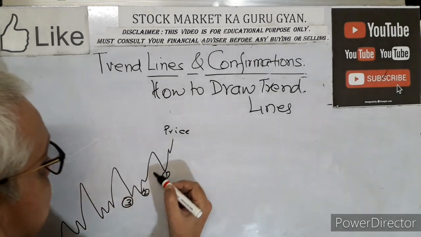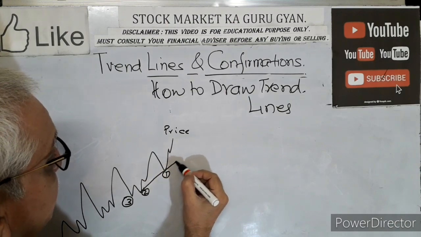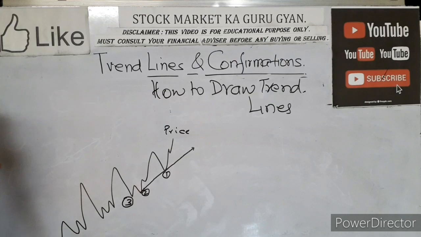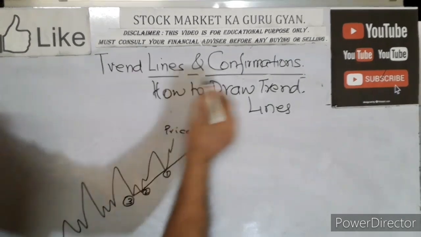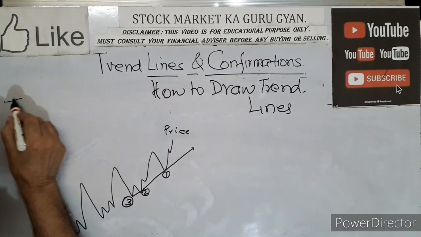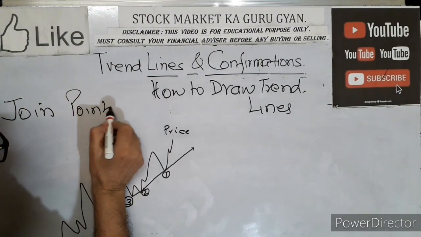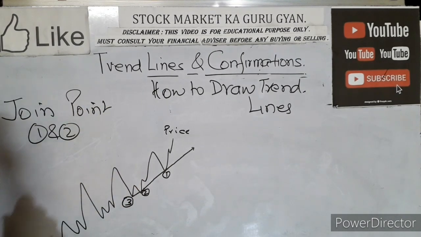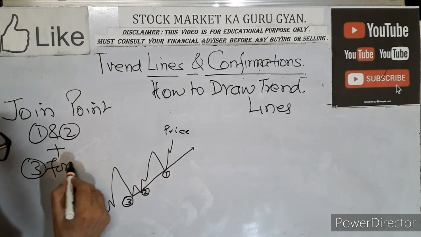So join these 2 points. This is the trend, and if you join the third one also, this is confirming the trend. So join point 1 and 2, plus point 3 for confirmation.